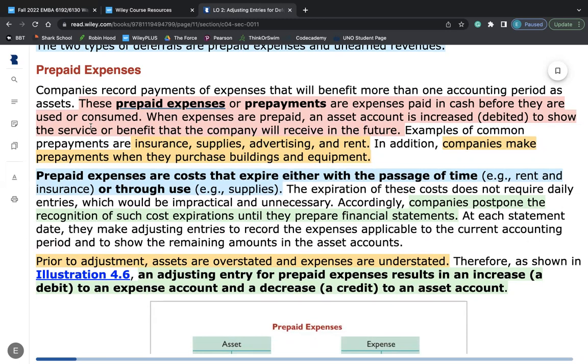Prepaid expenses are costs that expire either with the passage of time or through use. Accordingly, companies postpone the recognition of such cost expirations until they prepare financial statements.